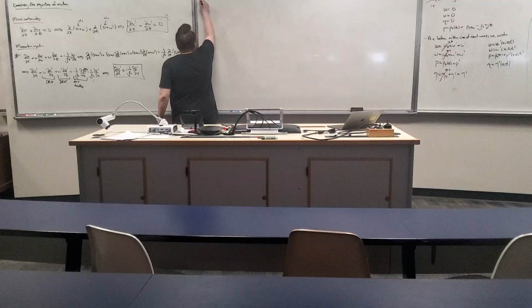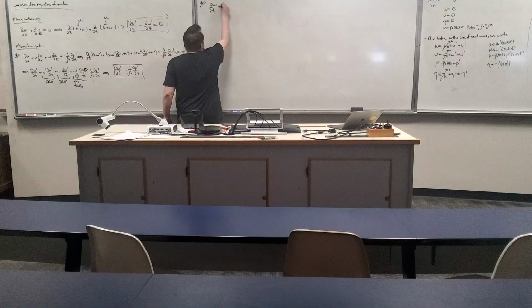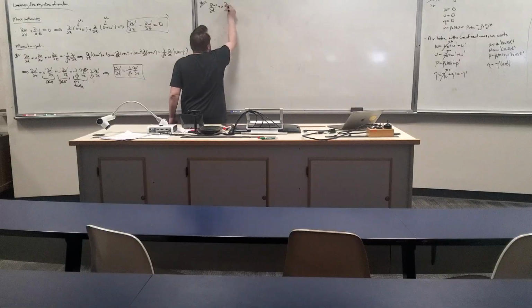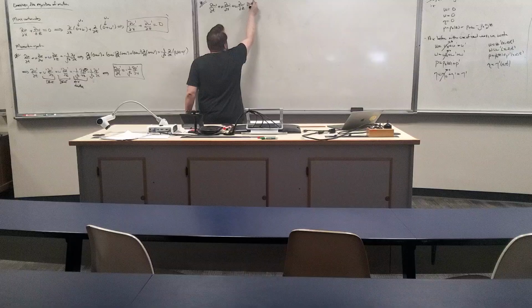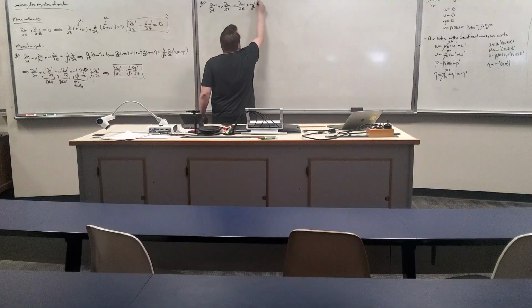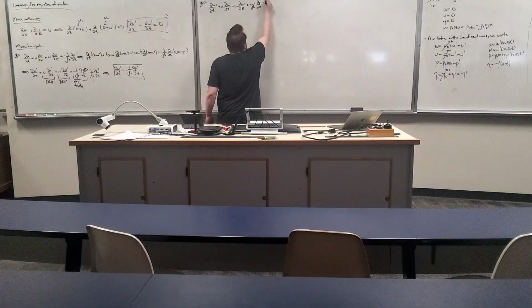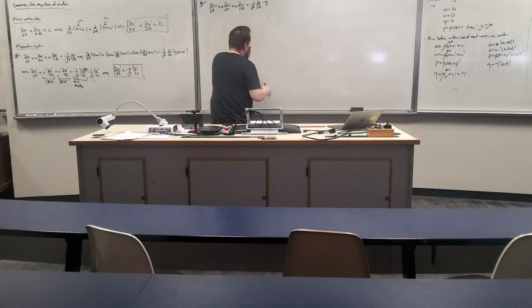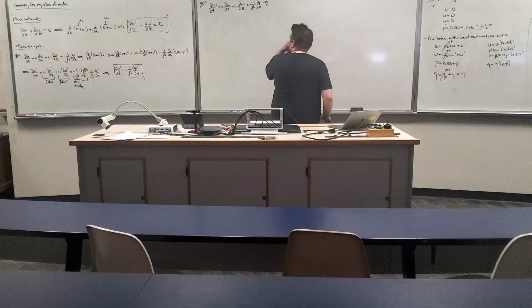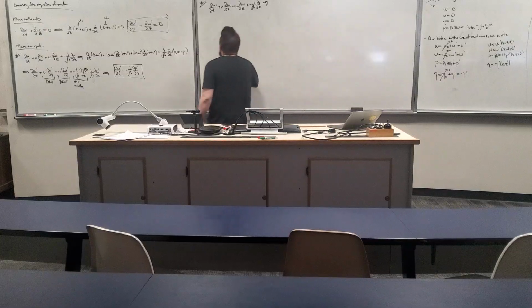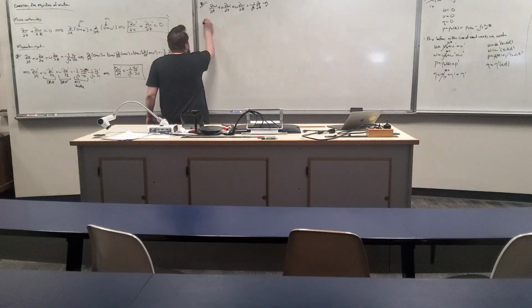Okay, so what about our z momentum equation? Our z momentum equation was dw/dt plus u dw/dx plus w dw/dz equals minus 1 over rho naught dp/dz minus g. So let's plug in our decomposition.